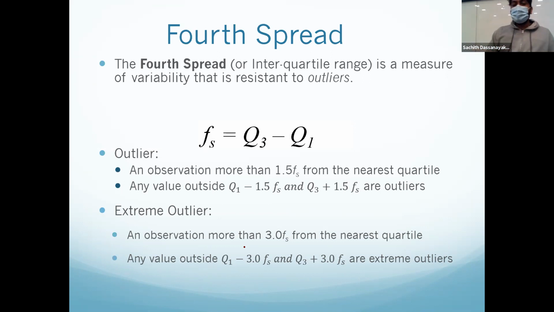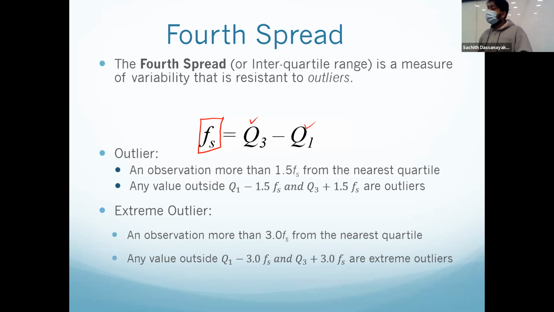Okay, Q3. This is the quartile one. Sorry, this is the third quartile. This is the first one. So Q3 minus Q1 is the interquartile range. I call this interquartile range, or you can call it fourth spread. Okay, so if we have an outlier or many outliers we can track using this interquartile range.